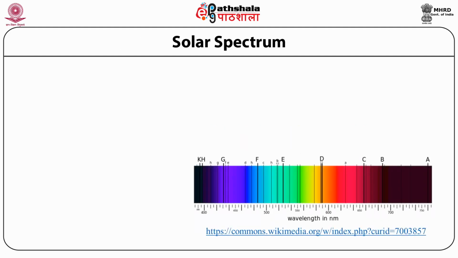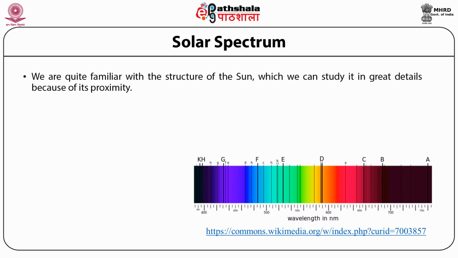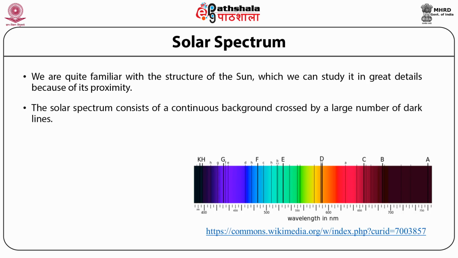Solar spectrum. Now students, we are quite familiar with the structure of the Sun, which we can study in great detail because of its proximity. The solar spectrum consists of a continuous background crossed by a large number of dark lines.